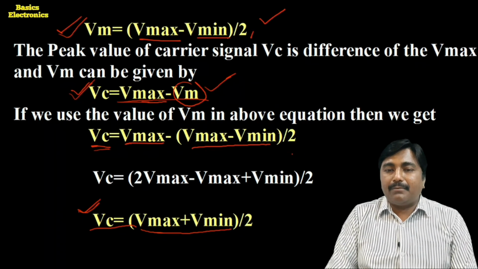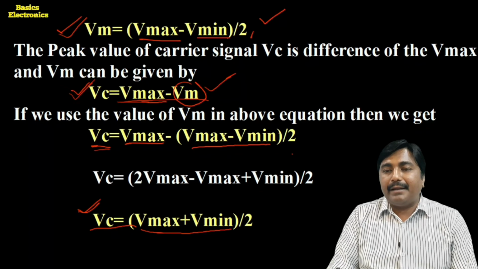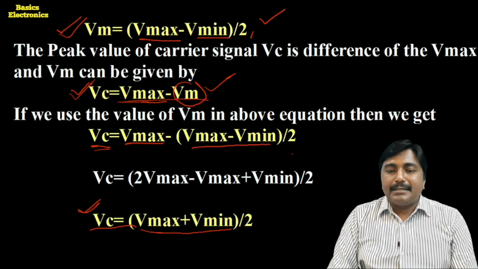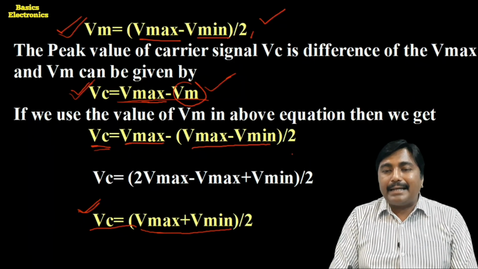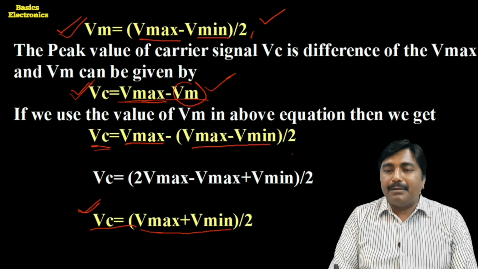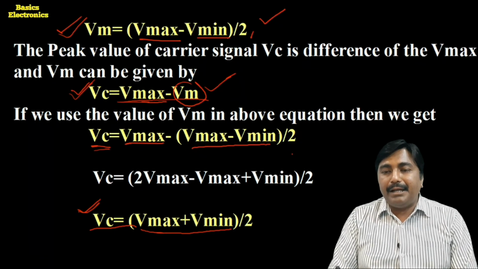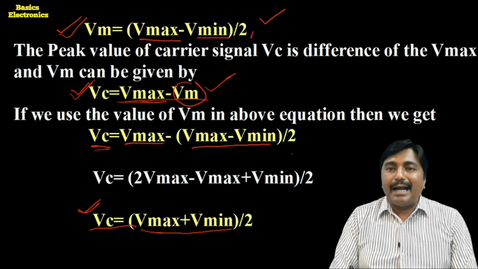So Vm equals V max minus Vmin divided by 2, and Vc equals V maximum plus V minimum divided by 2.